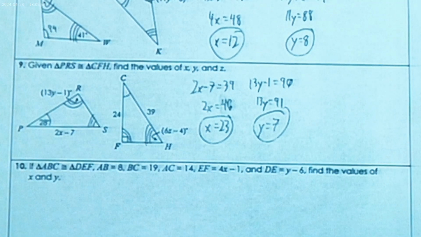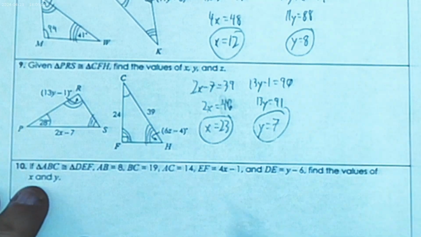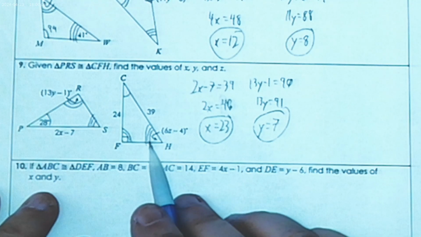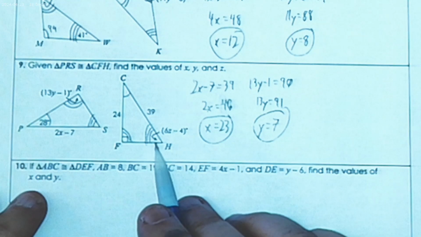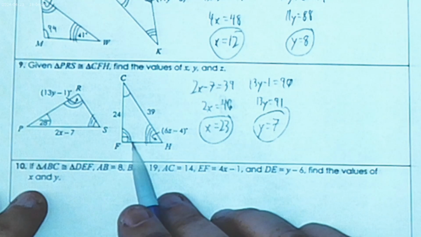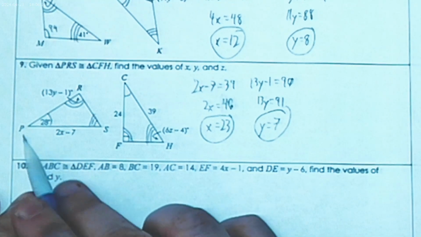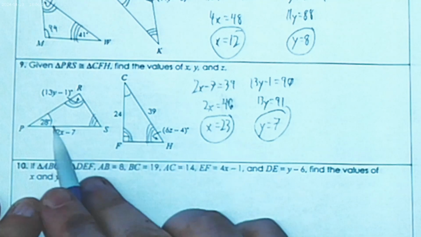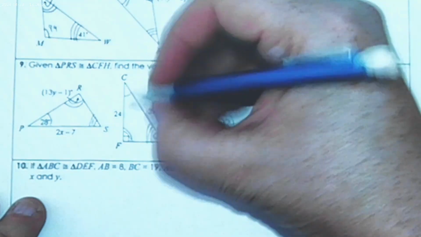All right, and then finally for z, I don't have a reference angle for any of these actually. I do know that, oh, here we go. P is congruent to C, and so that means that C has to be 28.